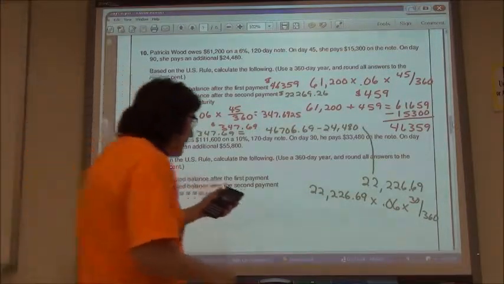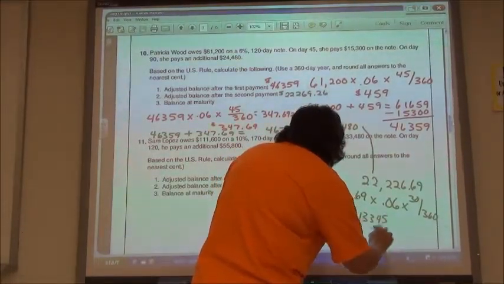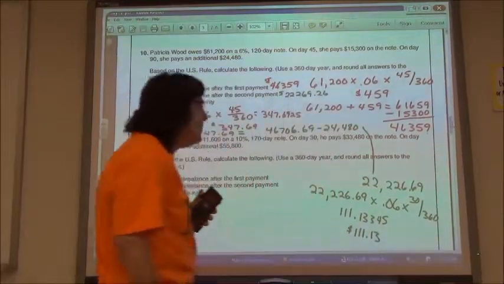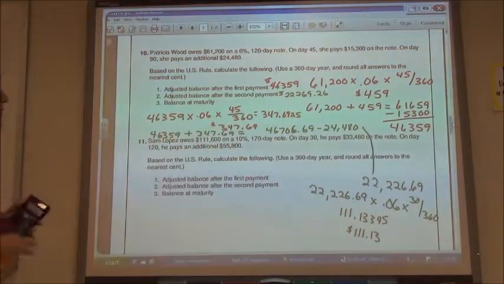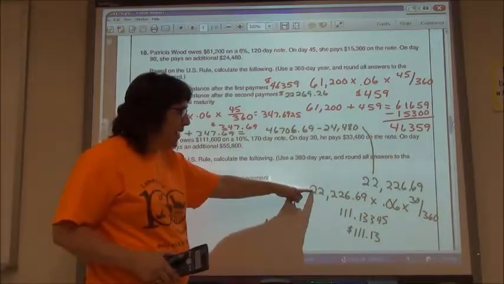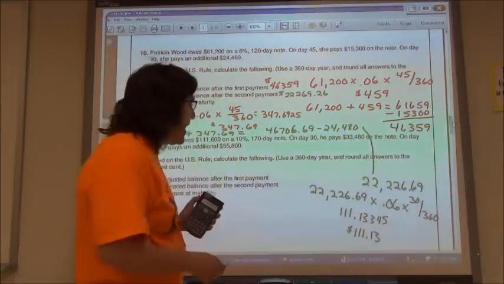I get 111.13345. So $111.13 would be my interest. It wants to find my balance at maturity, so I have to take the amount that I owe plus the interest. And that's going to be my total of my last payment.